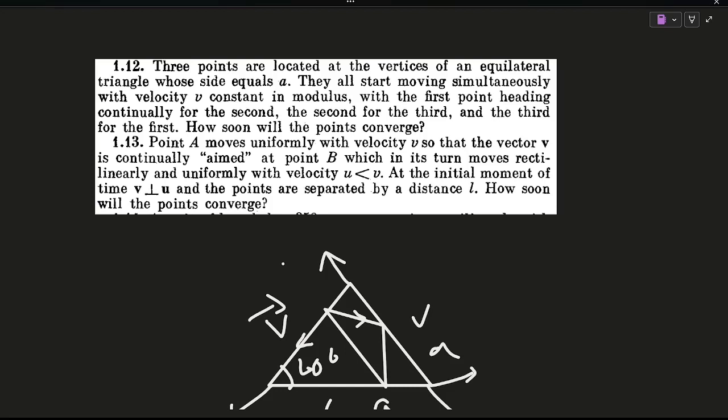Point A moves with velocity v, continually aiming at point B, turning rectilinear. Converge. This will also be homework. This is easy. Okay. Last two maths.